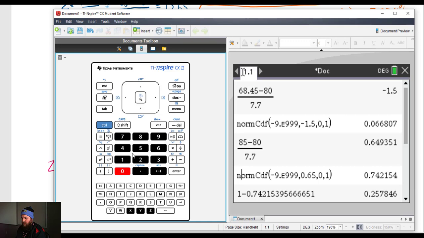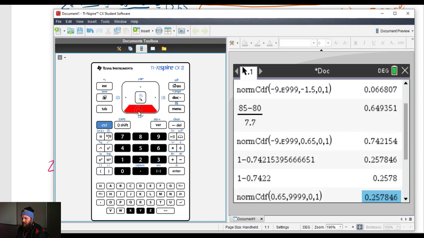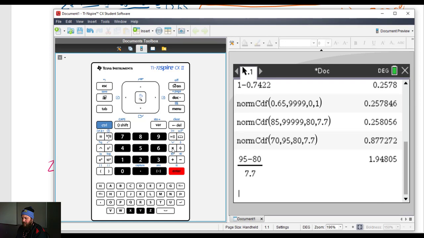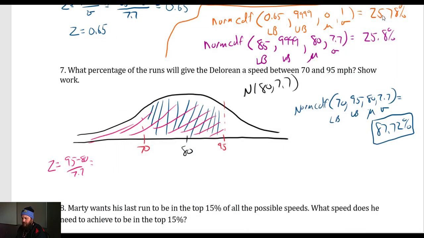Minus 80. Oh my goodness, what is it doing? 95 minus 80 over 7.7. So 1.95 for that z-score.